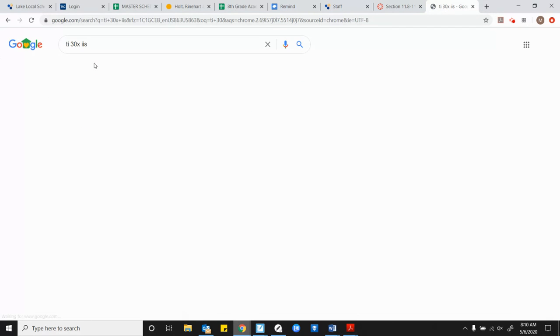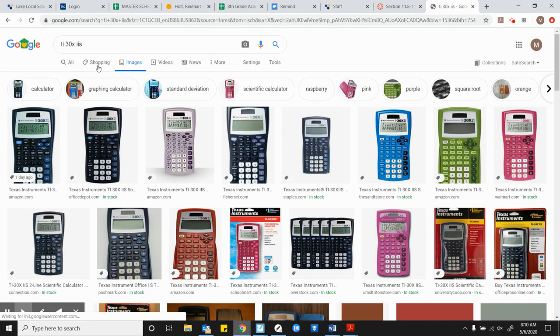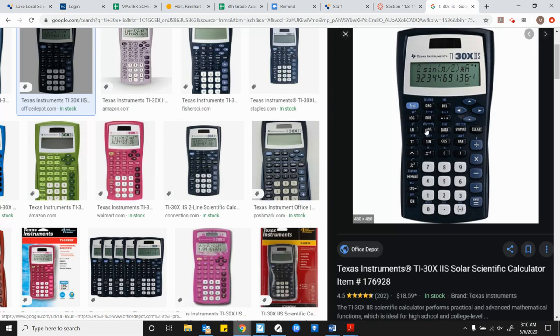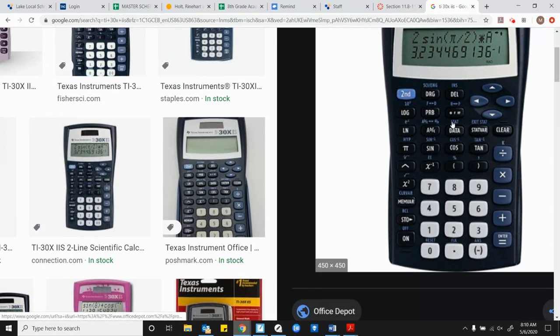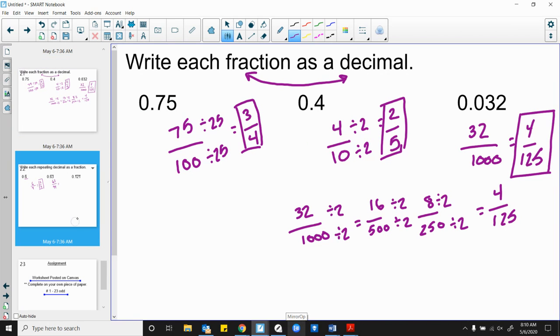Here's your calculator right here. This A, B over C button will simplify fractions too. Okay, so if you do, now, I would prefer you to use the GCF method like I showed right here.